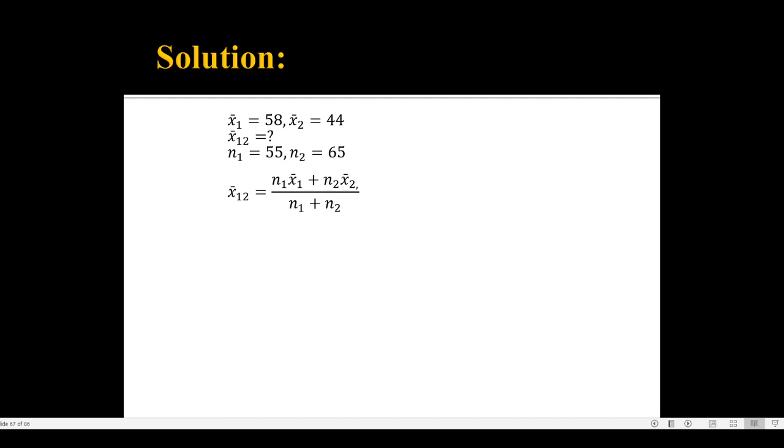Its formula is (n1 x1 bar plus n2 x2 bar) upon (n1 plus n2). If we put all these values in this formula, we get the final answer. See here, 55 into 58 plus 65 into 44 upon 55 plus 65, and if we calculate this, we get 50.41. This is our value of combined mean.